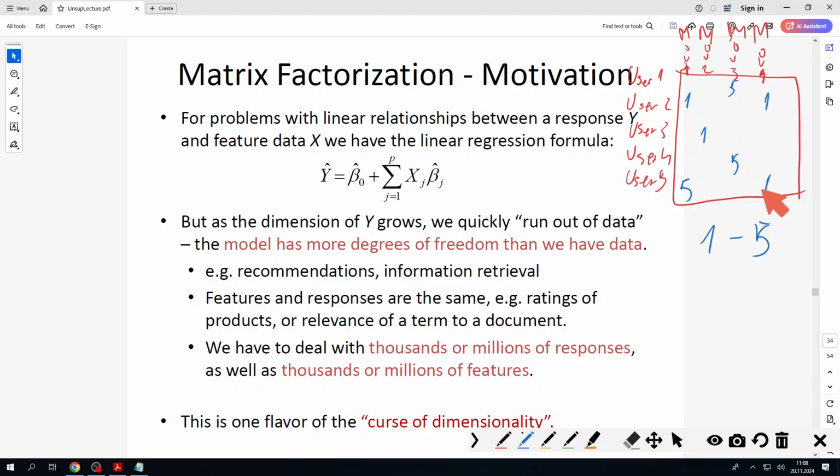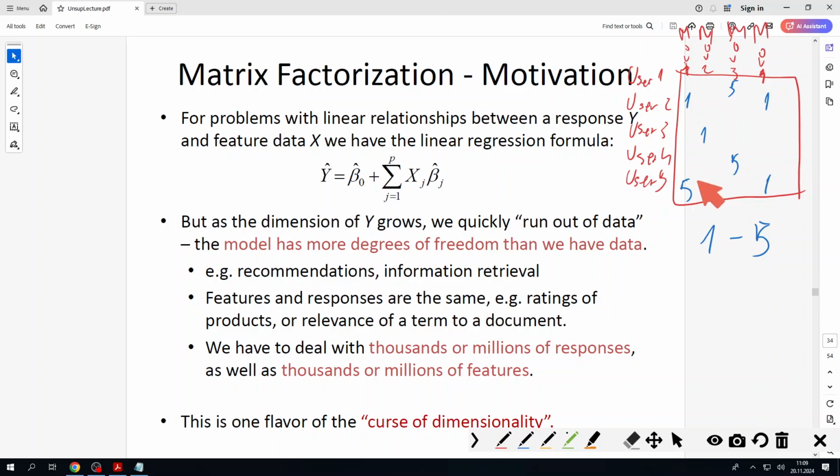And you still have to somehow recommend to these people what they might like, and that is a problem, especially if they don't say what they like. So for that reason, you have to somehow try to predict how user 5 would rate movie 2 based on his ratings and the ratings of other users of other movies.